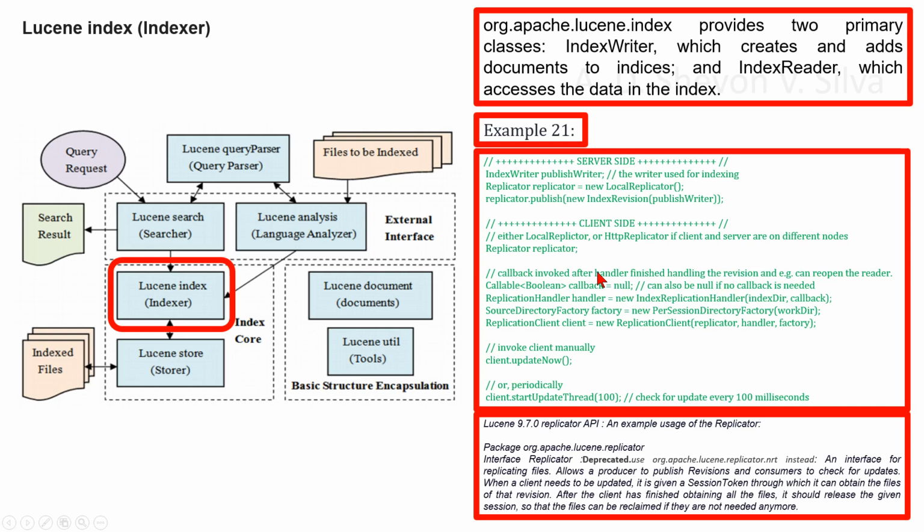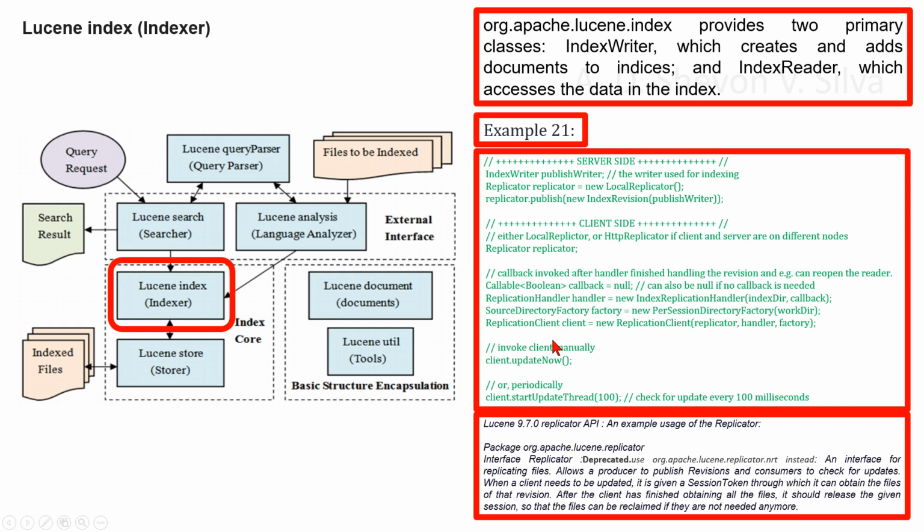A replicator allows publishing and replicating files between server and client. Producers publish revisions and consumers update to the latest revision available. ReplicationClient is the helper utility for performing update operations.